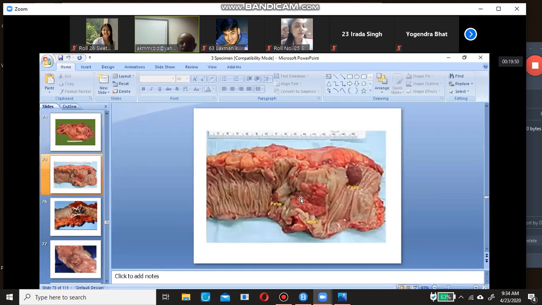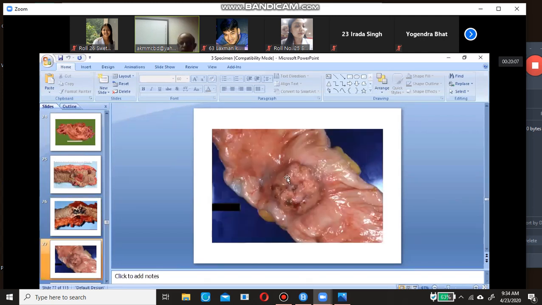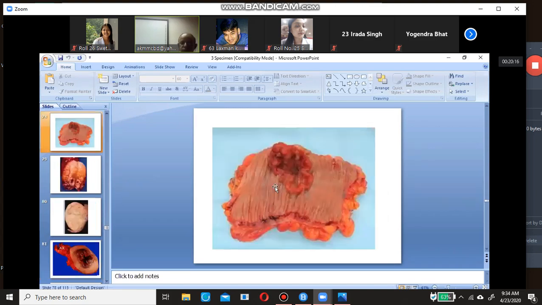The same thing, you see the pathology here, the carcinoma of the colon. Again, this is the carcinoma of the colon. The same thing, it is a very clean cut ulcer.